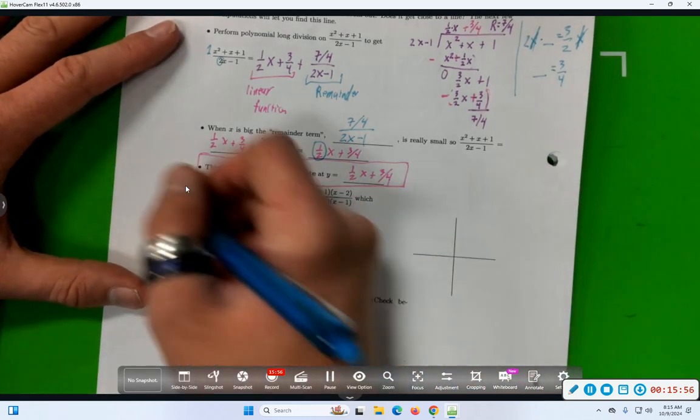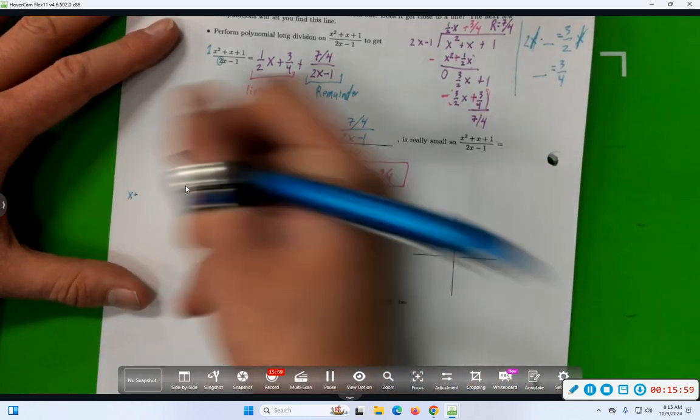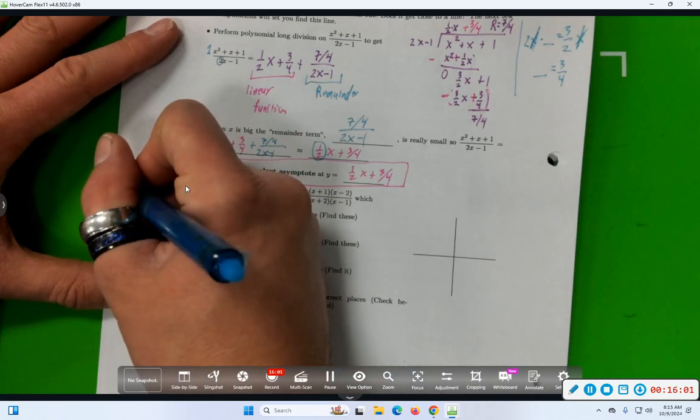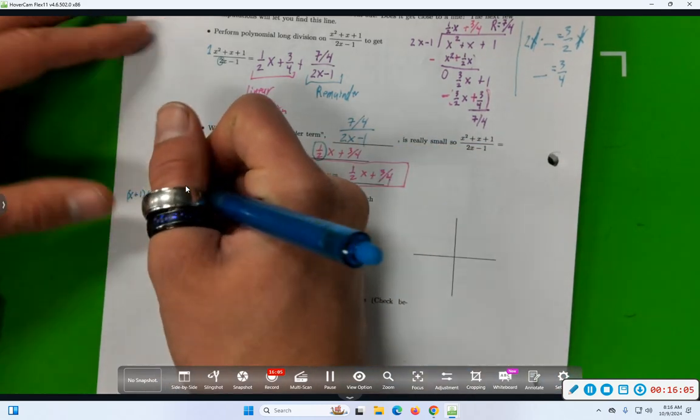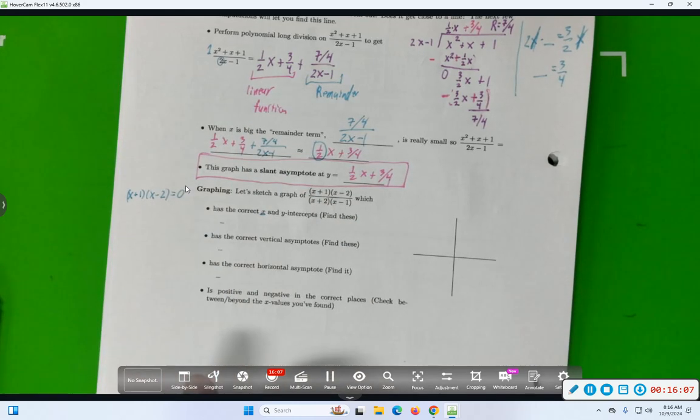So to find the x-intercepts, you need to set x plus 1 times x minus 2 equal to 0. Does that look like it's basically automatic to solve for x? Yeah, you don't need the quadratic formula or anything. It's already factored.